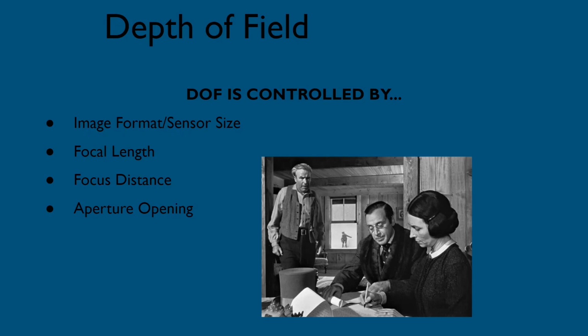That can affect it. And then the aperture opening, which is just a hole in the lens that you can open or close and allow more or less light in. And the more open that hole is, the more light that's coming in, the shallower that shot becomes. So the four things that can control that depth of field are right here.